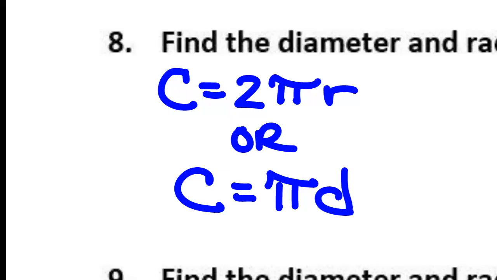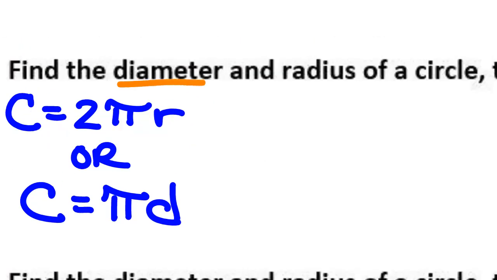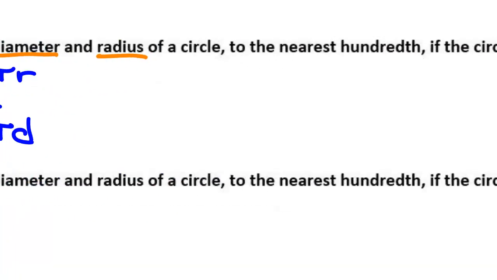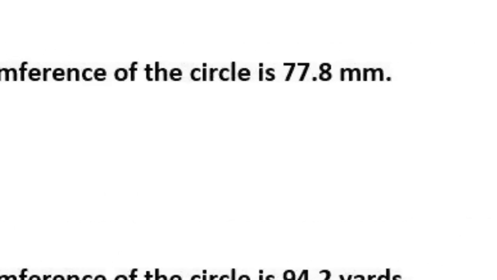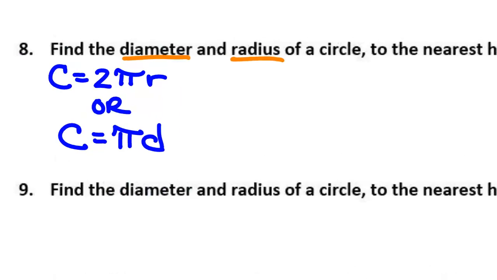It doesn't really matter which one we use on this problem because we're looking for both the diameter and the radius. So I'm going to use circumference equals pi d.